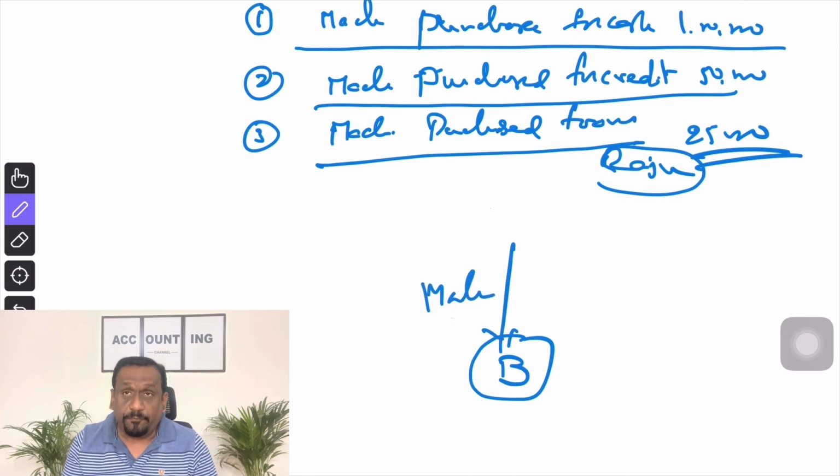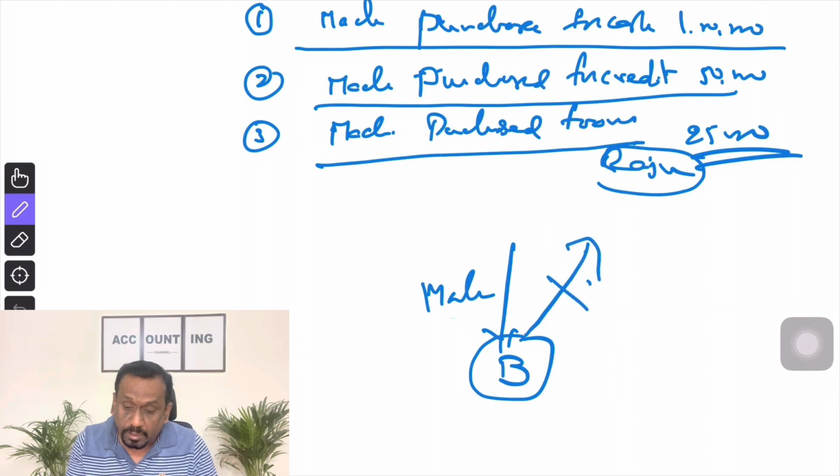Clear? When we purchase machinery from Raju, this is for credit. That is what we decided. So if it is credit, what goes out? Nothing goes out. If nothing goes out, what should be your next question? Who is the giver of the machinery? Raju is the giver of this machinery.